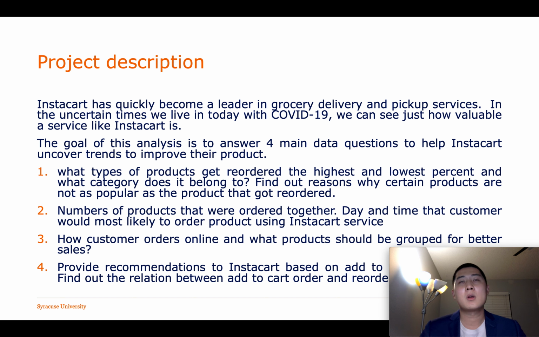For example, what products get reordered the most? How many items does a typical customer order at once? What pattern does a customer usually follow when ordering online? Answering those questions will help Instacart to better understand their customers and the pattern in which they purchase the items.